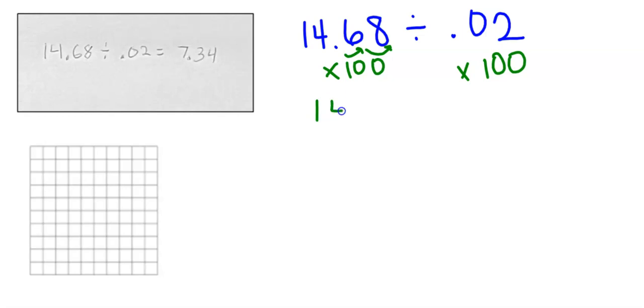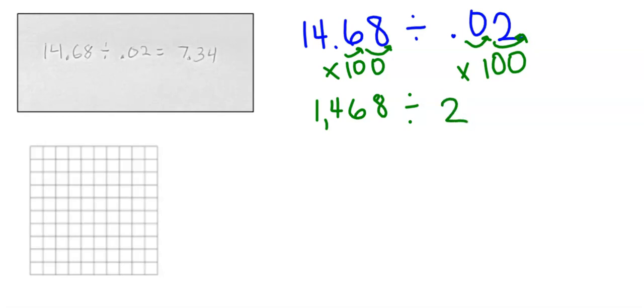So now I have 1,468 divided by, and if I multiply 2/10 by 100, then it's going to be 2.